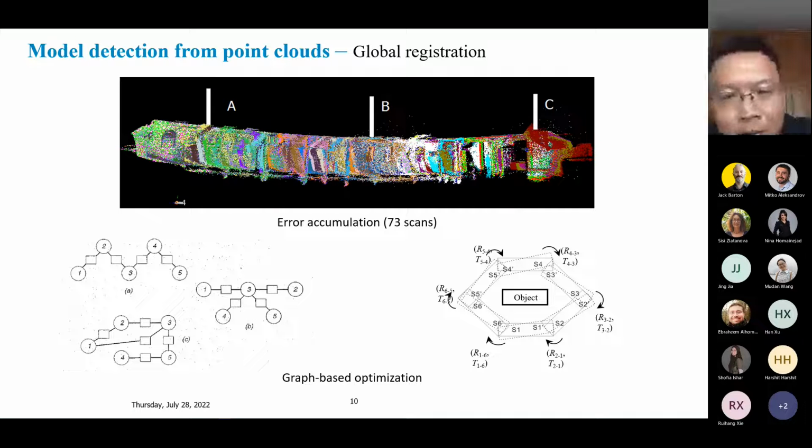The graph can be an optimized graph, and a circular closure can be one, because if we have a circular closure form, we have a very strong constraint for the closure of the whole scans. In this way, we can optimize the global registration results. Next.